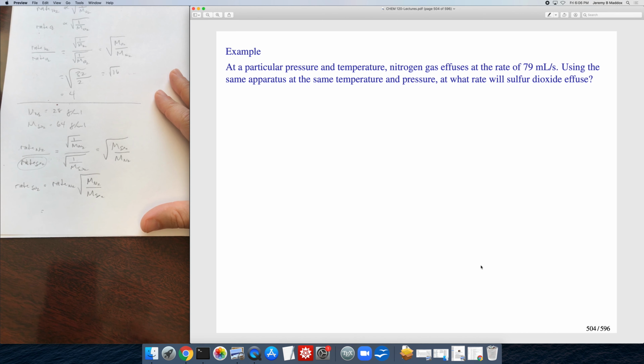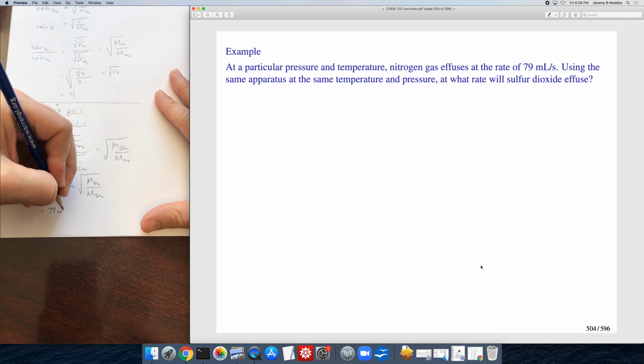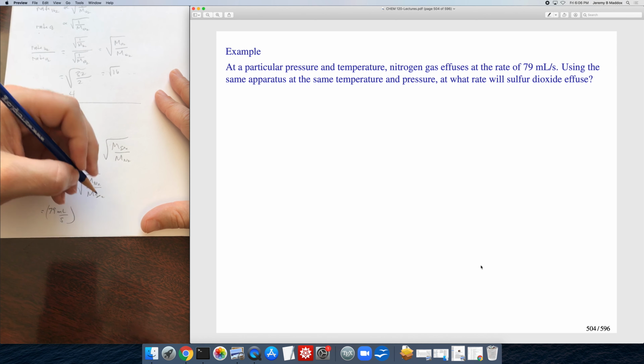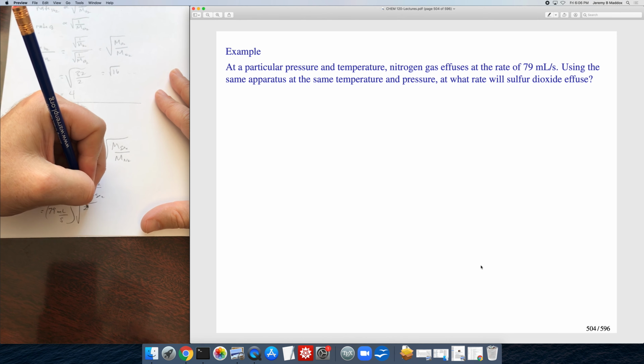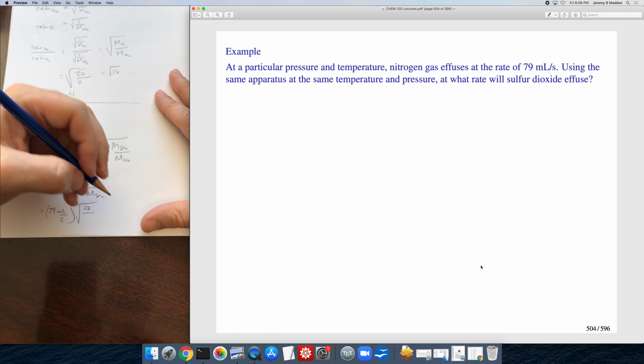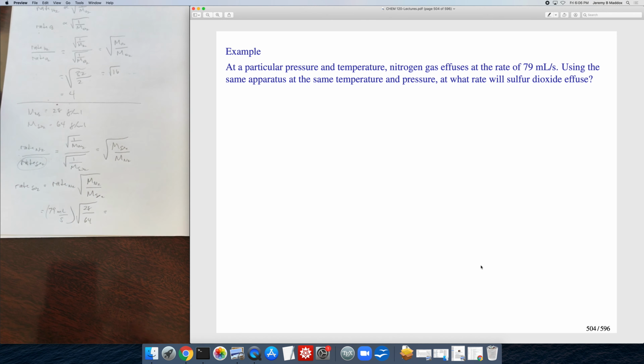So we'll take the 79 milliliters per second, and we'll take that times the square root of 28 over 64, and that's going to give us the rate at which the SO2 effuses.